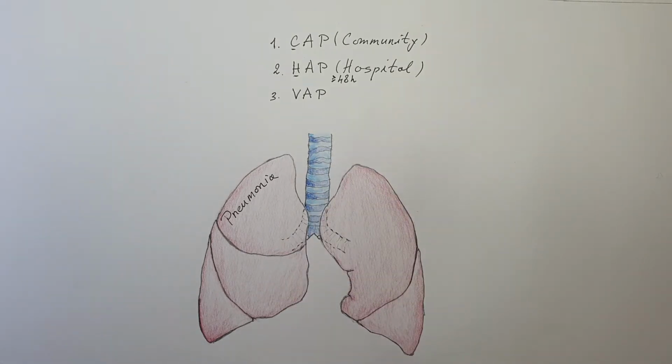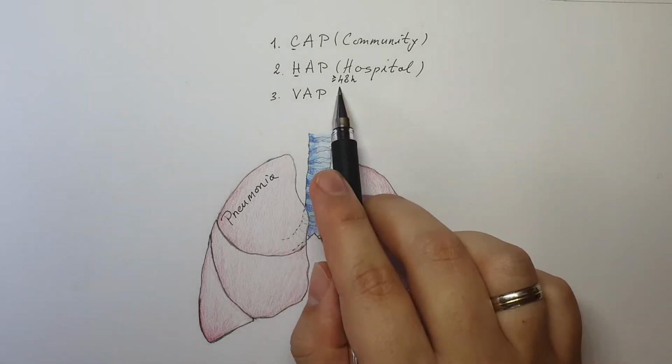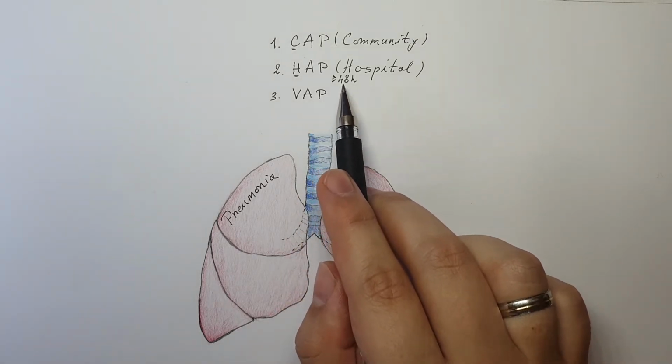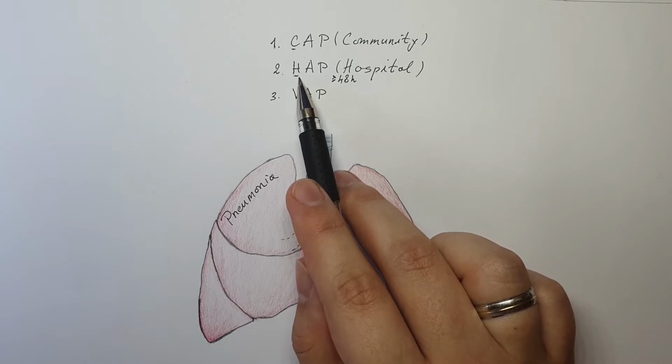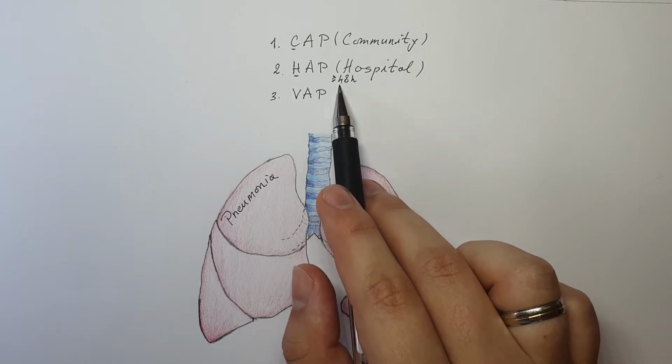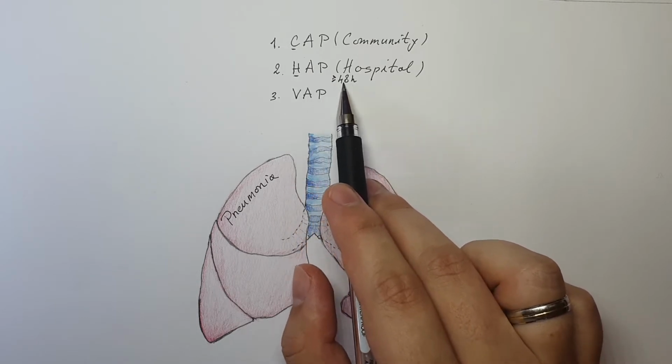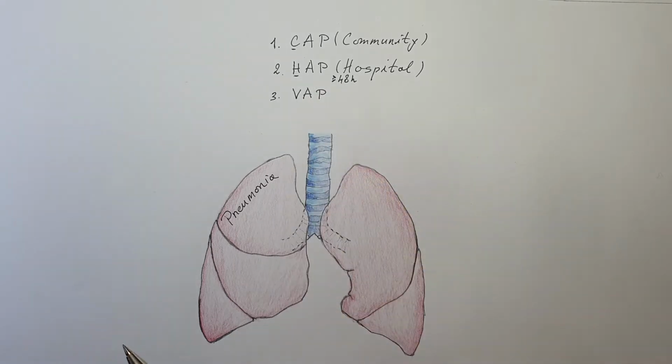So 48 hours need to pass in the hospital so we can call it hospital-acquired pneumonia. If 48 hours don't pass, then it is actually a community-acquired pneumonia.